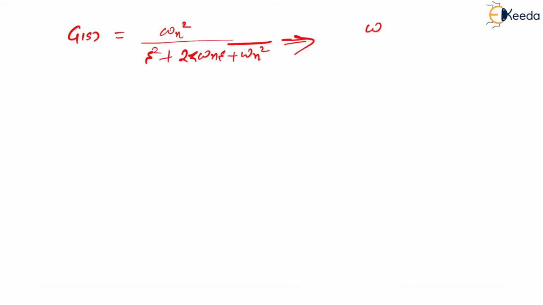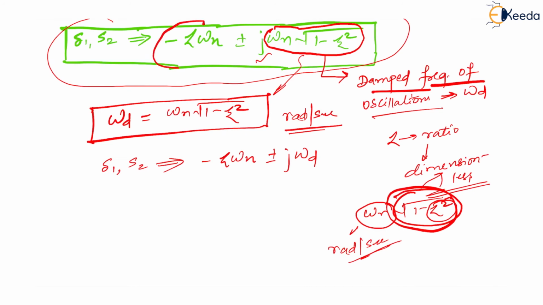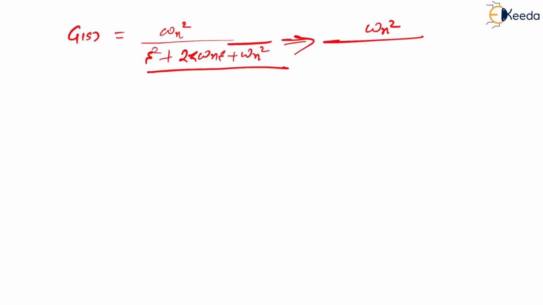We have already split this into two factors, and we know the two factors are these. So I can write that as omega n squared upon s plus zeta omega n plus j omega d, into s plus zeta omega n minus j omega d. Is that correct or not?